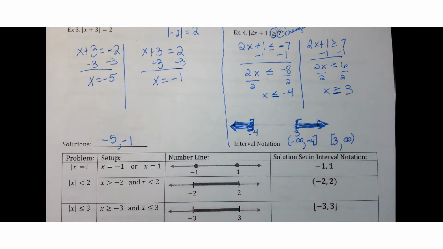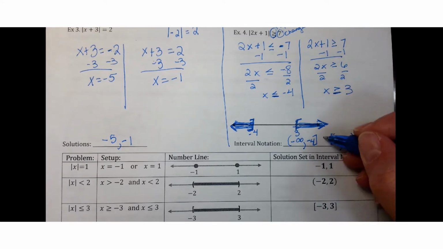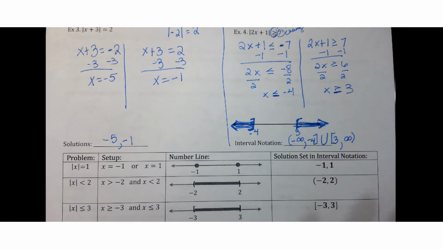Now, when you've got 2 different sets, 2 different intervals, but one answer, I need to be able to join these together in the same answer, in the same interval notation. And we use what's called the union symbol. Think of this kind of like 2 people getting married.